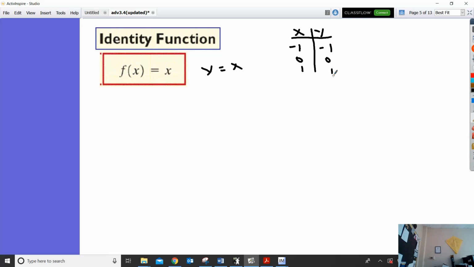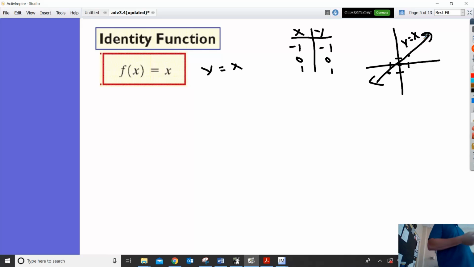They're just 3 key points. I don't know that I would use key points on a line, though. There's the identity function, y equals x. It's the identity function because it just returns whatever you give it.